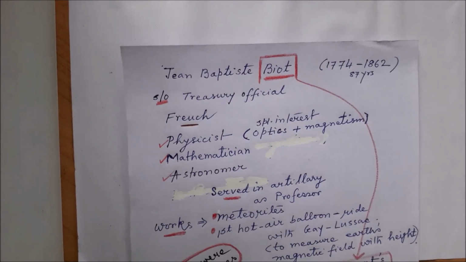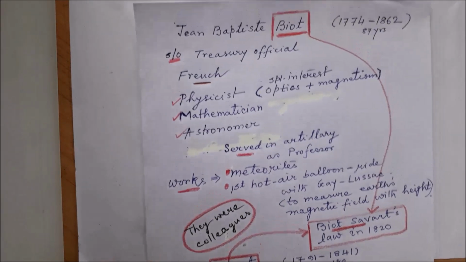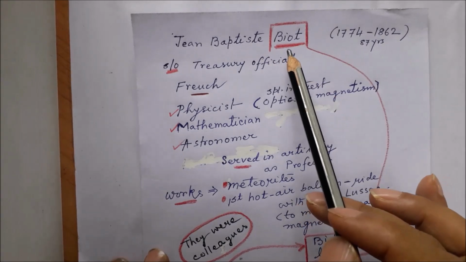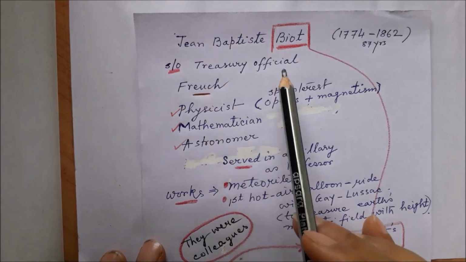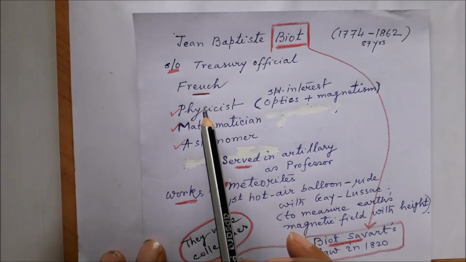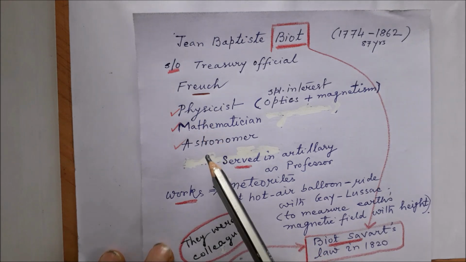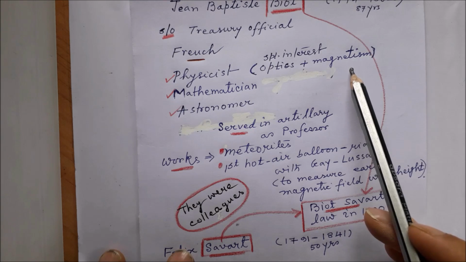Let us now, as promised earlier, discuss a bit about the famous scientists Biot and Savart. Now, Biot lived on Earth for 87 years. He was a son of a treasury official. He was a French, and he was a physicist, mathematician, cum astronomer, having special interest in optics and magnetism.